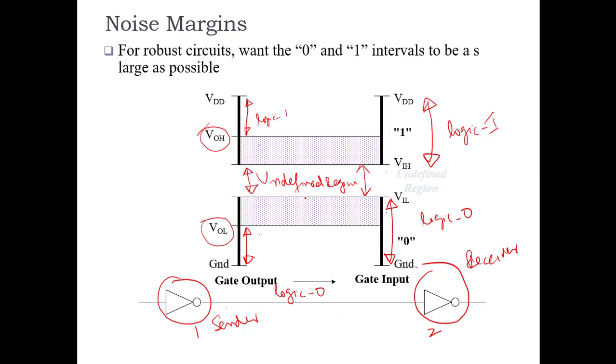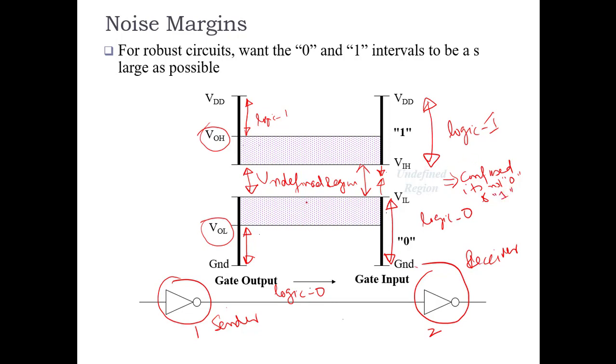What this means is that if my receiver receives a voltage that is higher than VIL and lower than VIH, what will happen? My gate will get confused because it's not 0 and it's not 1.